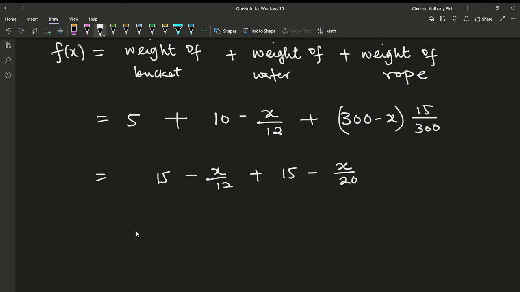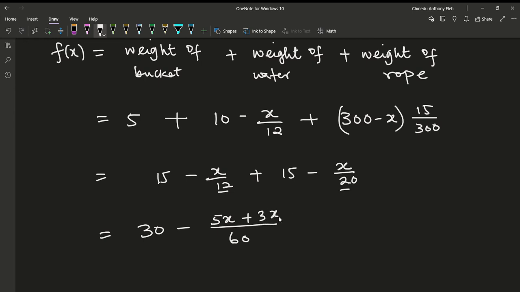So add this and this, we get 30 minus, we have the LCM of this and this is 60, I think. So I'll have 60. Then 12 into 60. 60 divided by 12 is 5. So I have 5x. Then plus what? Plus 20 into 60 is 3.